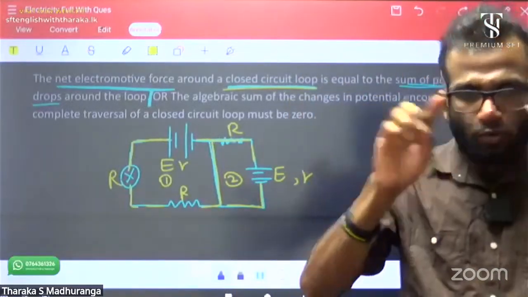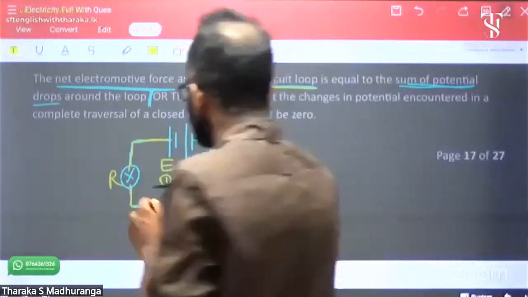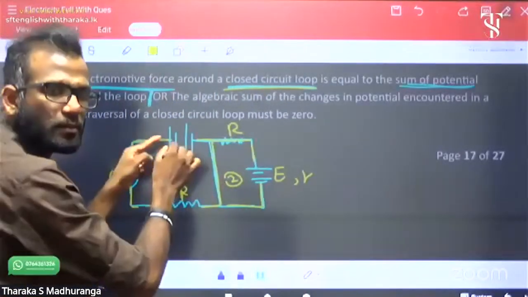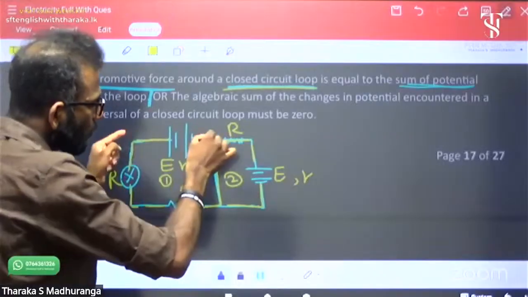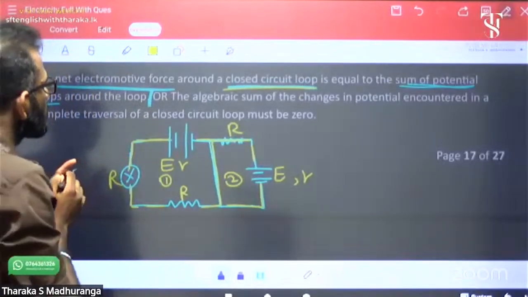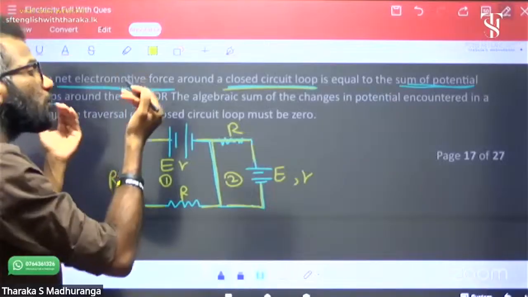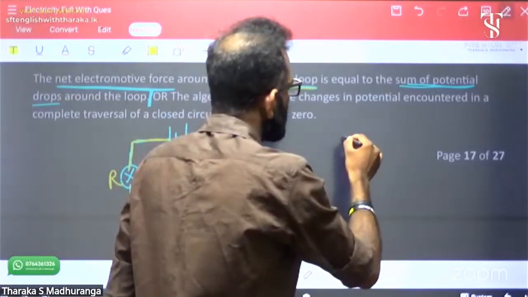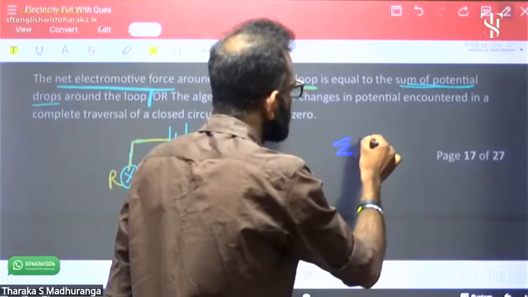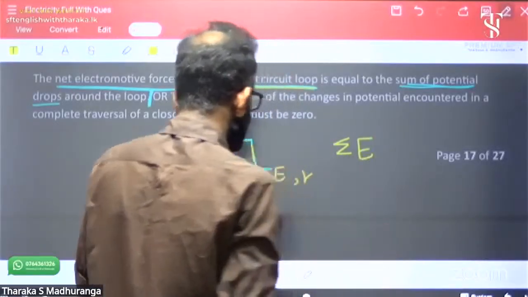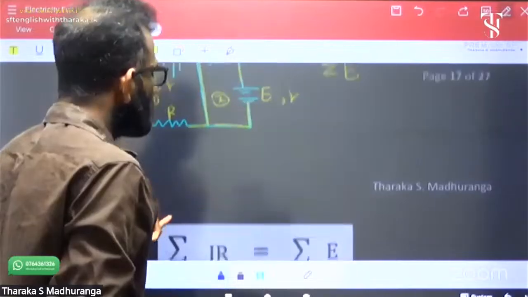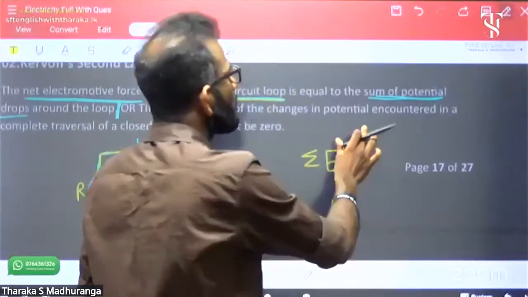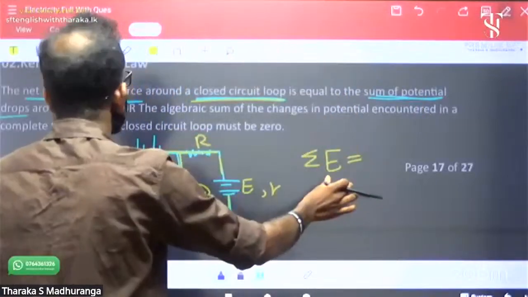Circuit loop means closed box type circuit. The net electromotive force means sigma E. It is equal to the sum of potential drops around the loop.